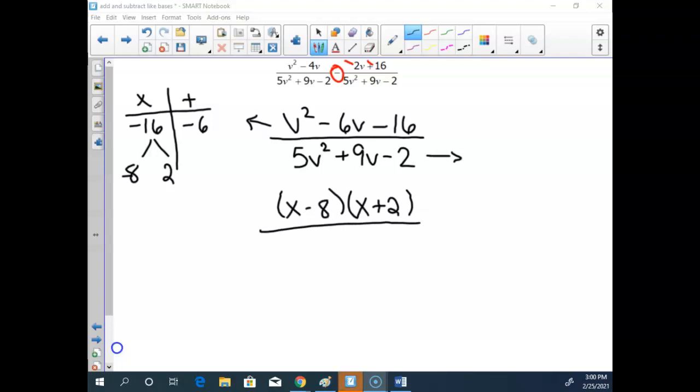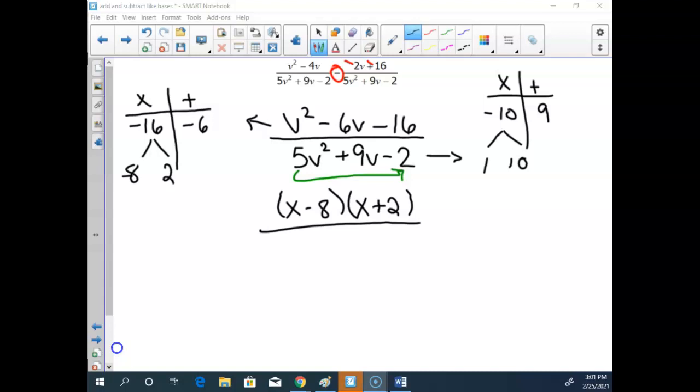Let's find out. Now, I need to slide and divide. So I'm going to say 5 times negative 2. So I know that I need to multiply to negative 10, but then I need to add to a 9. Okay, well, I know 1 times 10 is 10.